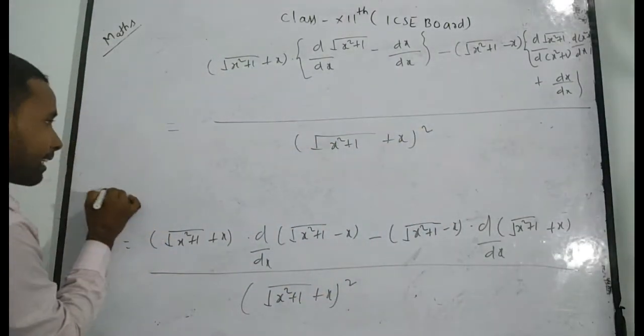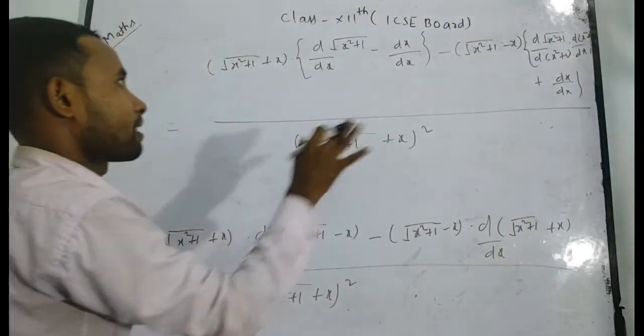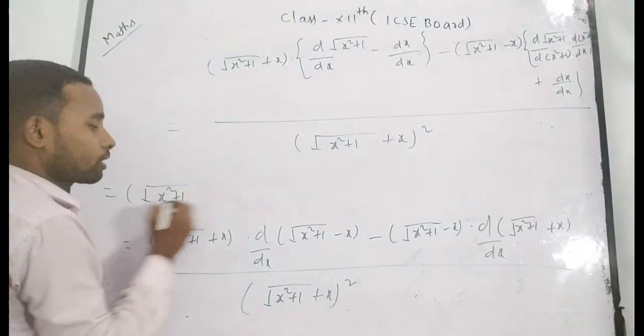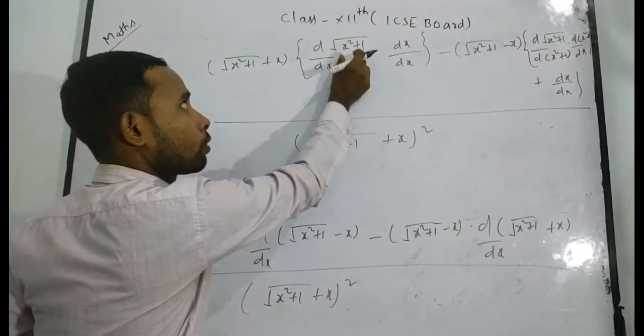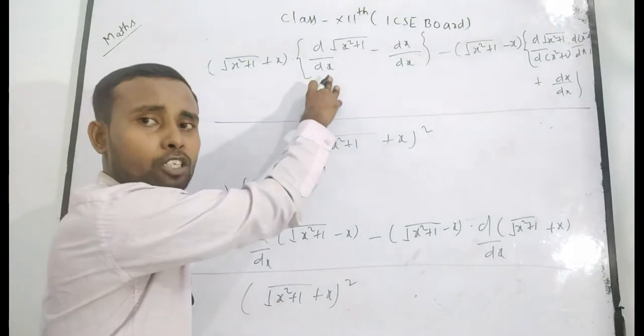Now again, for you I have only written this step, otherwise I will jump. Now I want to tell you, the derivative of root under x square plus 1 cannot be differentiated directly with respect to x.